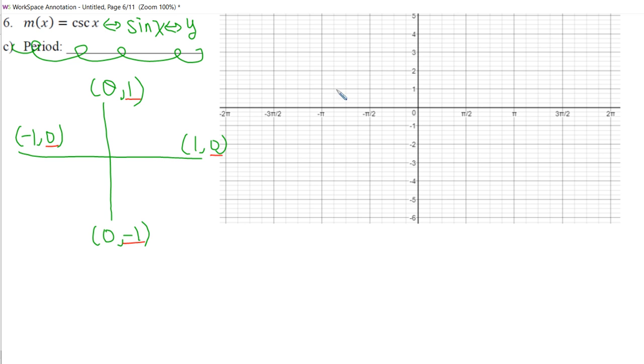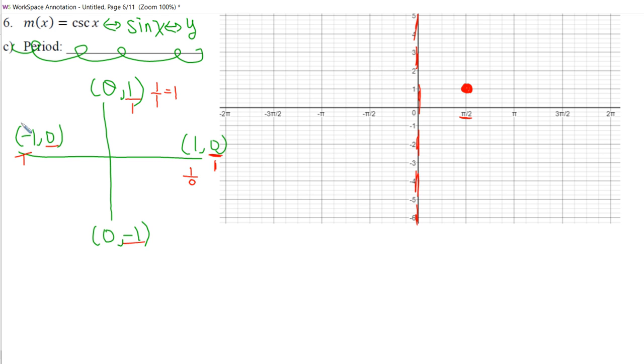So let's take a look. At 0, remember, every number has 1 underneath, so that has 1 underneath. So sine is 0. However, cosecant would be 1 over 0, which means undefined at cosecant. Okay. This one has 1 under it. If I flip it, it's still 1 over 1, which is just 1. So at pi over 2, I'm going to go to 1 and put a dot there.